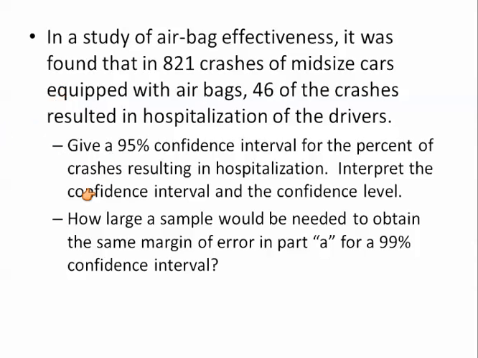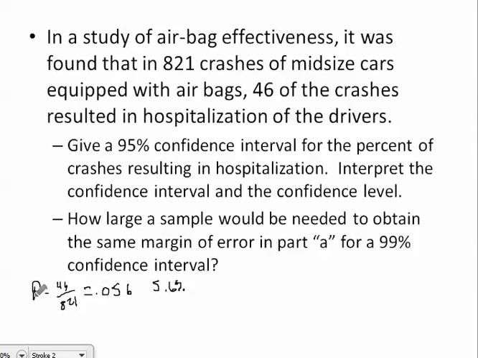The first thing I would do would be to say the probability p is equal to 46 divided by 821. That's what our probability is going to be here. I need to start up my calculator, so hang on just a second.